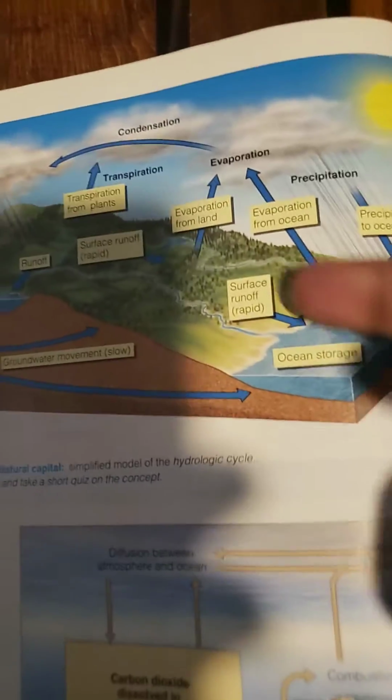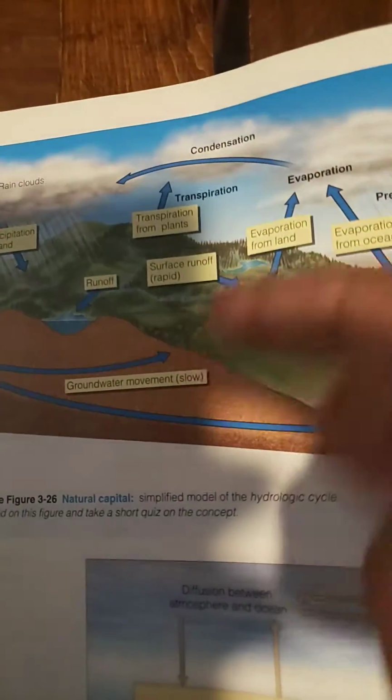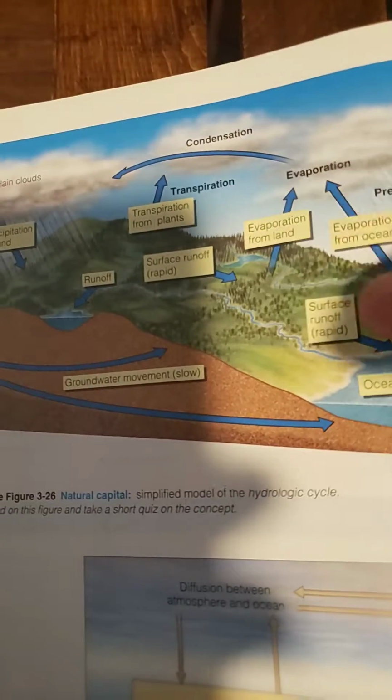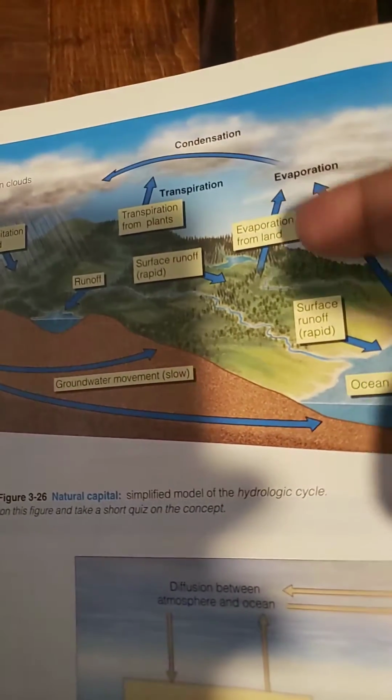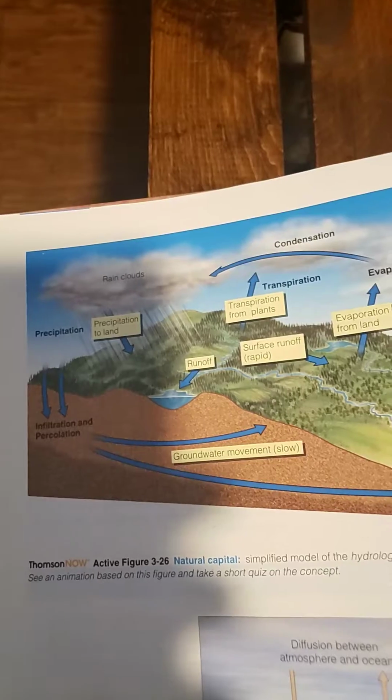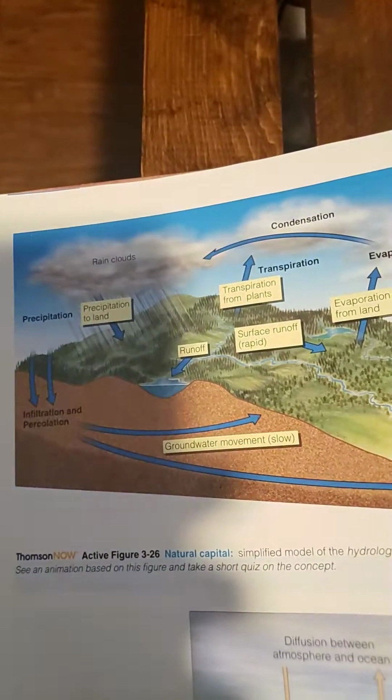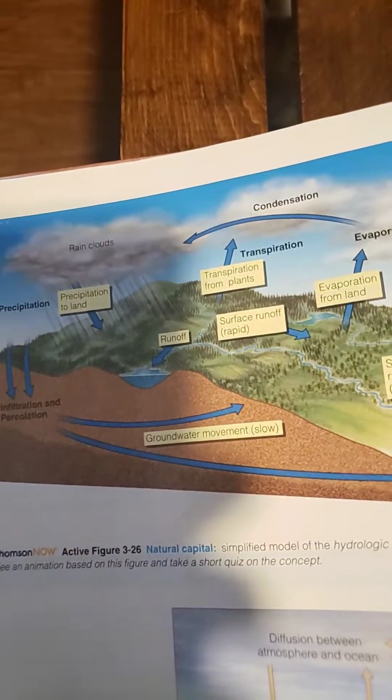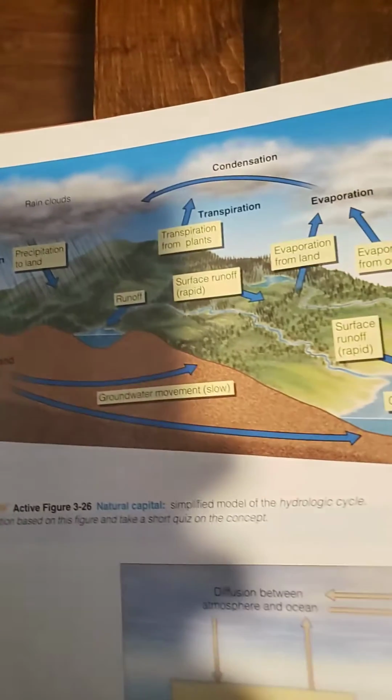Once it evaporates, we get transpiration from plants, so this is actually from the ground, from plants. We get condensation, which creates the clouds. These rain clouds then create rain. In other words, rain is precipitation. You guys should know this from grade school. The water cycle has not changed since then.